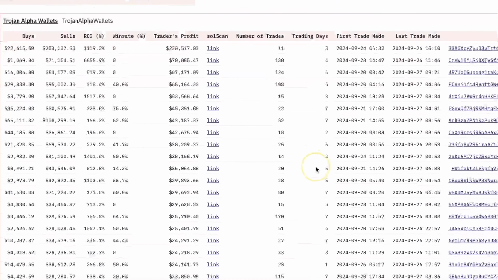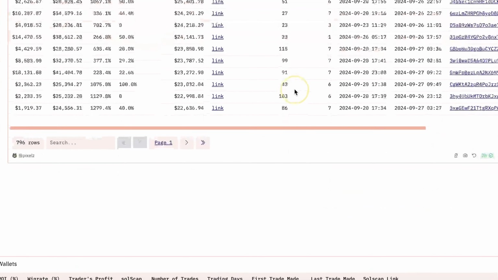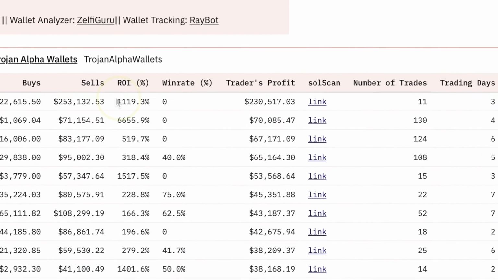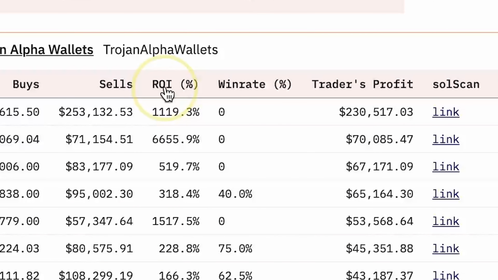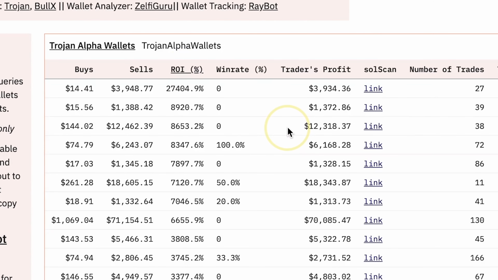Now, what I like to do is look at wallets that took trades today and have very few trades. I don't want to take wallets that have so many trades; few trades, and recent. So if I click on say ROI, it's going to sort this whole page by ROI, basically giving me the wallet with the most win.